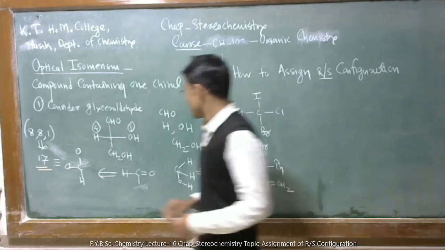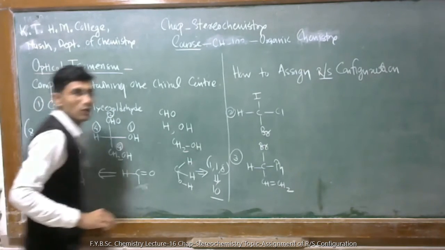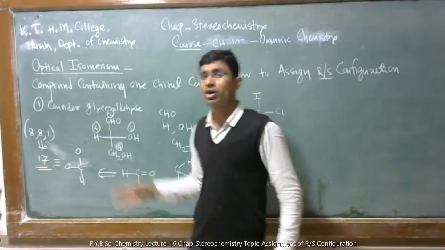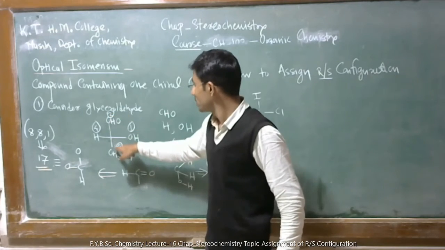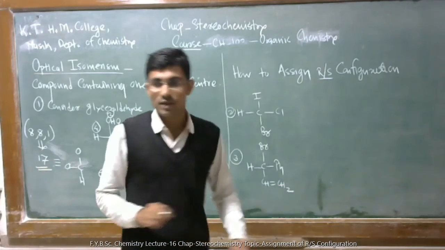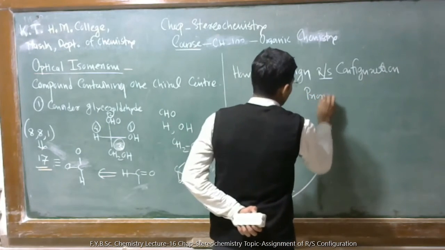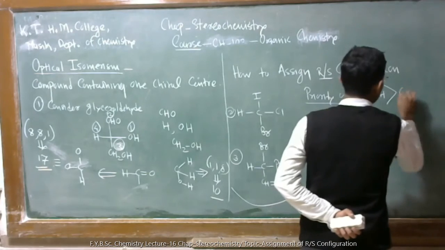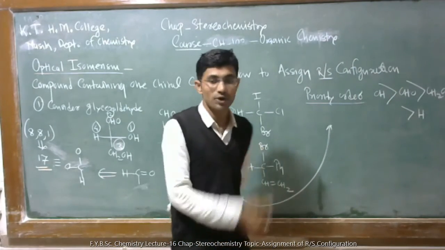So in this way we compare the groups. The aldehyde group gets the second priority, while CH2OH gets the third priority. So in this way we can write the priority sequence order. OH gets the first priority, then the CHO group gets the second priority, then the CH2OH group gets the third priority, and hydrogen gets the fourth priority. So finally we can write the priority order: OH first, CHO second, CH2OH third, and hydrogen last.